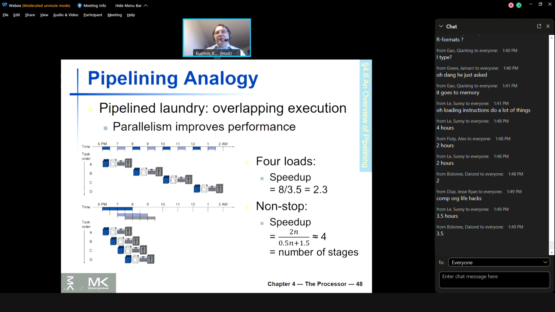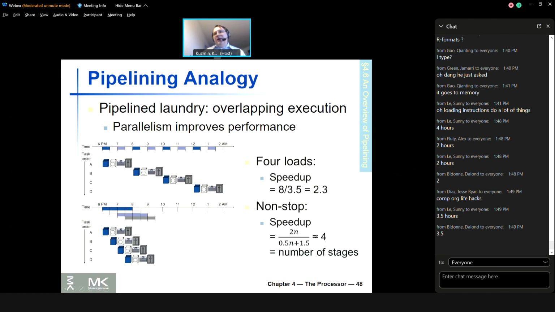And if we actually did it nonstop, so if we have more than 4 loads, the speed up is actually going to approach 4. So n is the number of loads, and you can see what's going to happen when n is large.